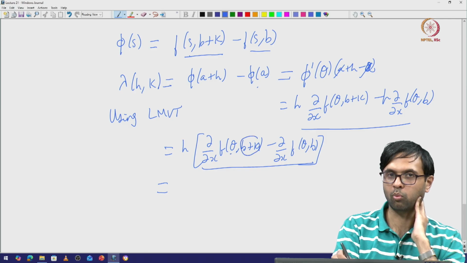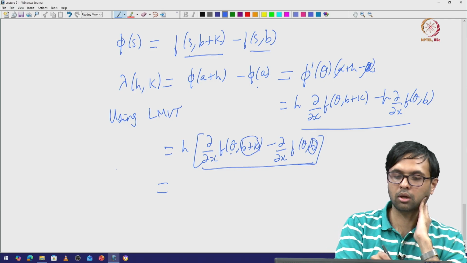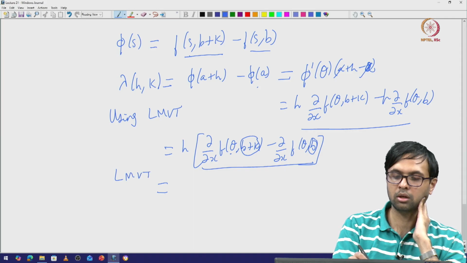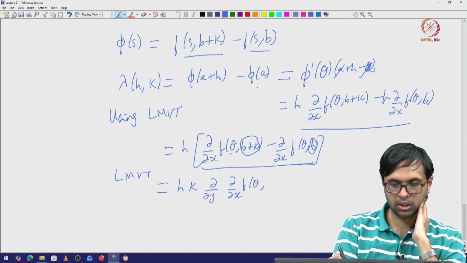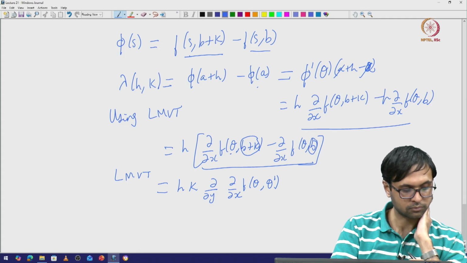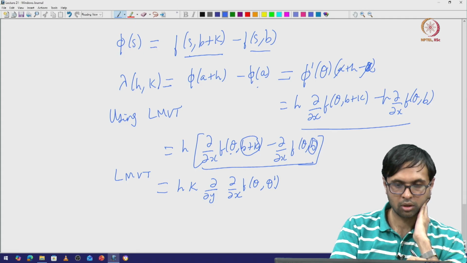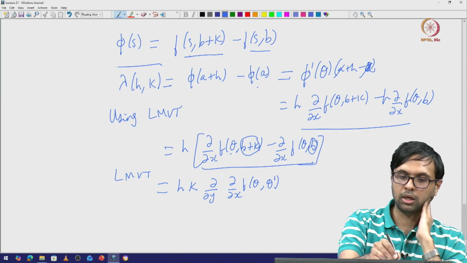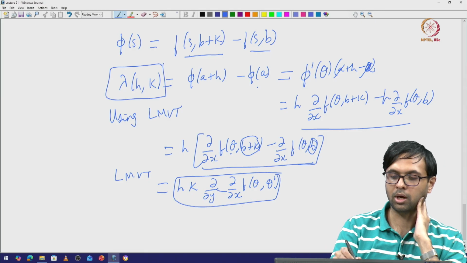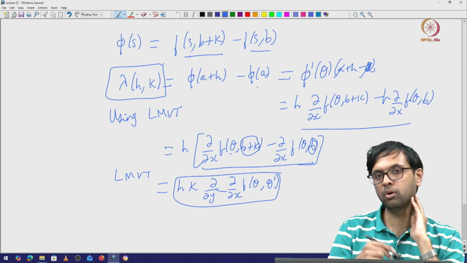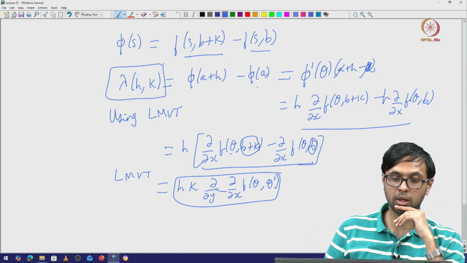What's changing is only y here. We use Lagrange's mean value theorem again to conclude that this is k times d by dy of d by dx of f of theta comma, let's call it theta dash. So this proves that indeed lambda of h comma k is hk times d by dy d by dx of something. The same proof will show the other equality as well.